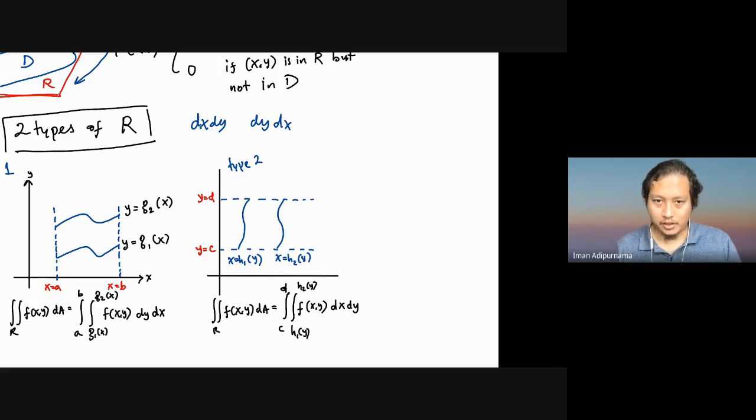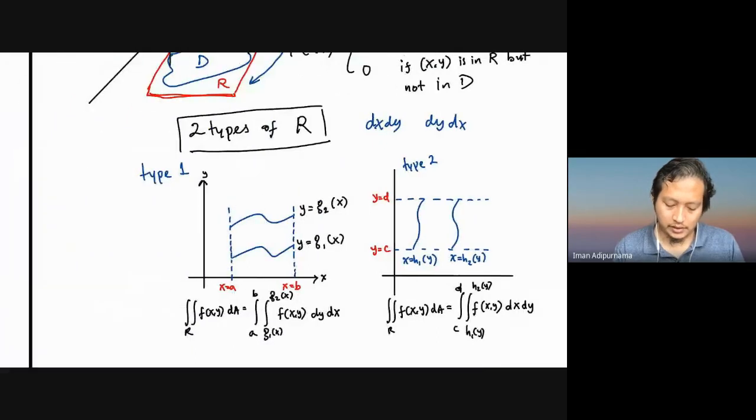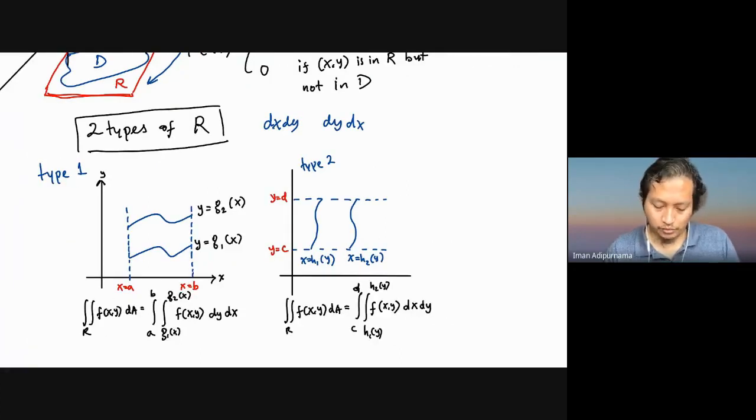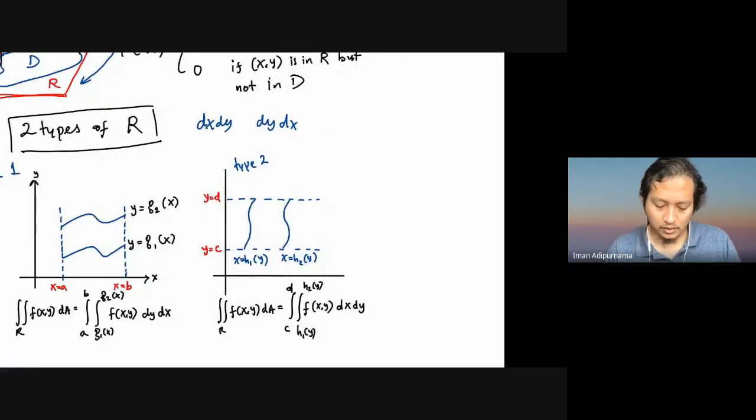And then the region R is described as you can see on the graph. The type 1 is x is from A to B, and y is from G1 to G2. And for type 2, y is from C to D and x is from H1 to H2. Okay.